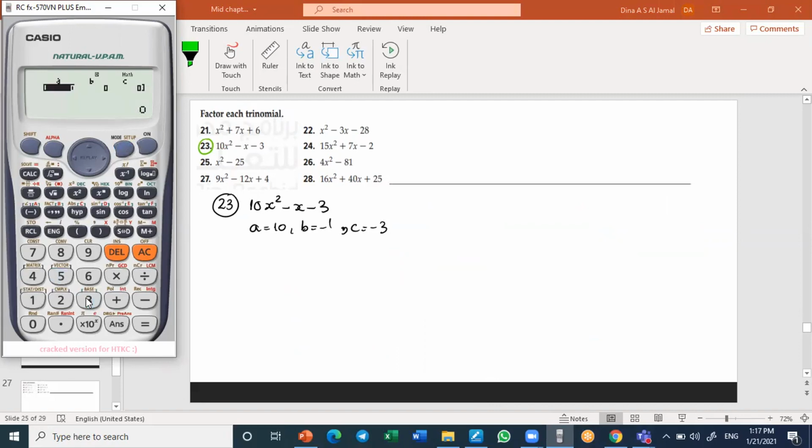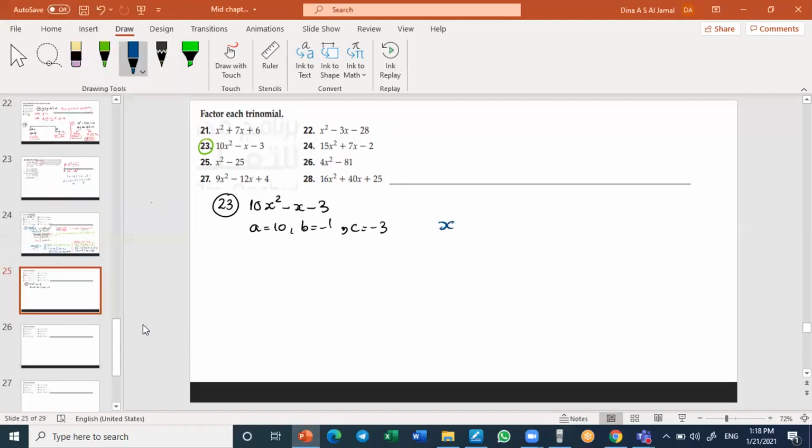And it's very important to know how to exit the equation mode, because sometimes you will be having multiple choice questions that are not related to the equation and you need your calculator. So 10, minus 1, and minus 3. So 3 over 5 and minus 1 over 2. So x1 is 3 over 5, x2 is minus 1 over 2.